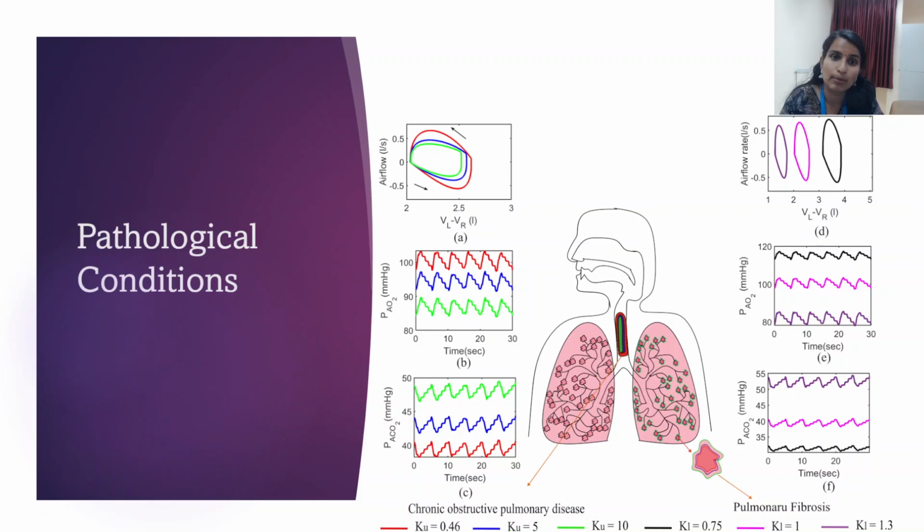Similarly, in the case of pulmonary fibrosis, the lung alveoli thickness we are increasing by changing the value of KL from 0.75 to 1.3. Here also we can clearly observe the oxygen level reduction and carbon dioxide level increase, and the total lung volume reduction happening according to the PF. So this clearly reflects the severity level of two kinds of lung disorders, COPD and pulmonary fibrosis.